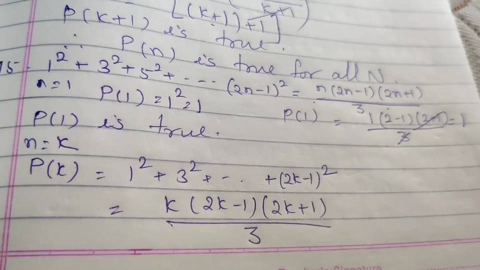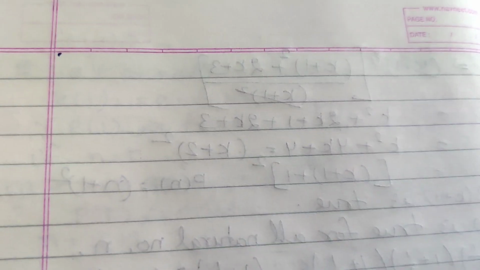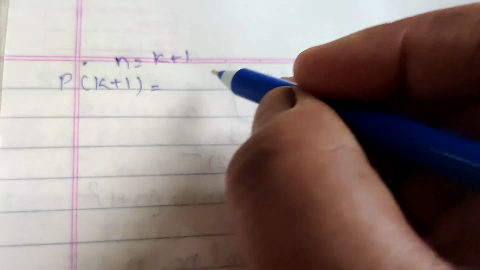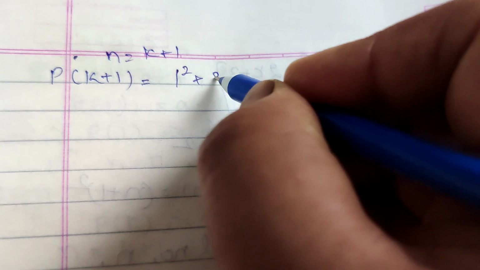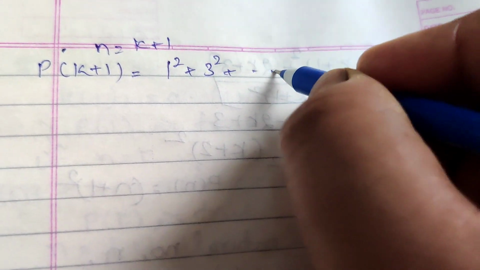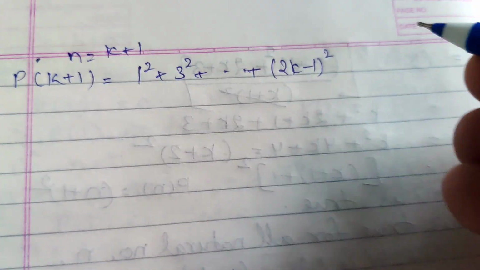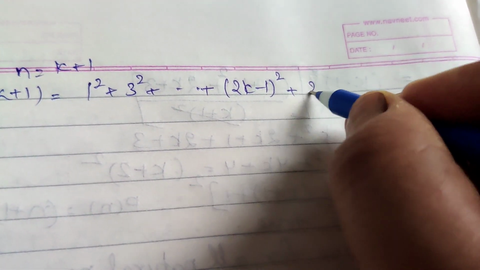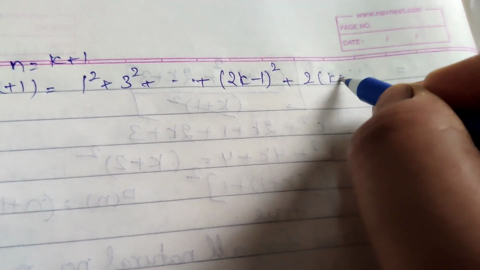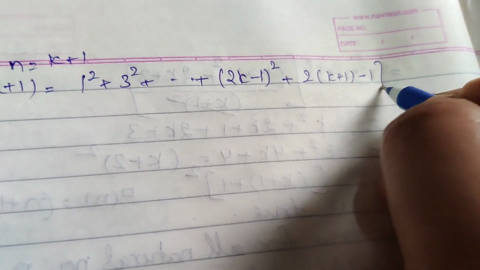Now for n equal to k plus 1, the series is 1 square plus 3 square plus ... plus (2k minus 1) whole square plus (2k plus 1 minus 1) whole square.